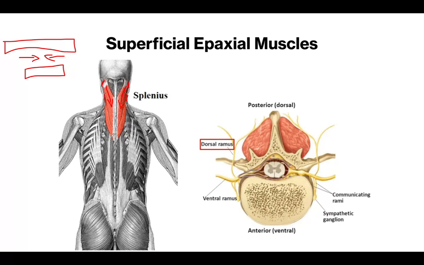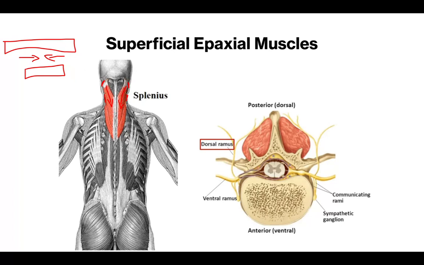That would be contracting the splenius on only one side, so it would be a unilateral contraction. But if it's a bilateral contraction, then both are igniting and we're moving the head as a whole posteriorly, tilting your head back.